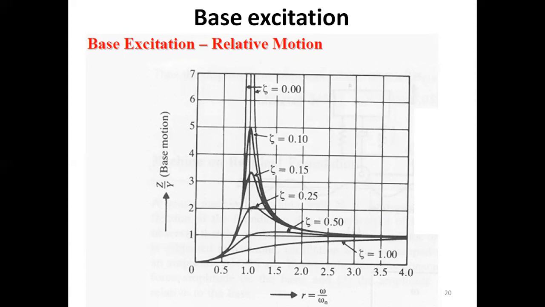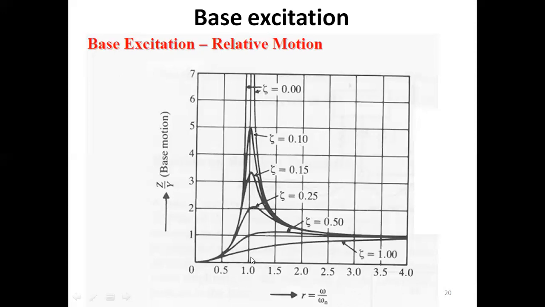So simulating that, along the vertical axis we are taking the displacement transmissibility in terms of relative displacement, and along the horizontal axis we are taking the frequency ratio. The simulation is done for a frequency ratio from 0 to 4 for several values of damping ratio: 0, 0.1, 0.15, 0.25, 0.5, and this is the damping ratio equal to 1.